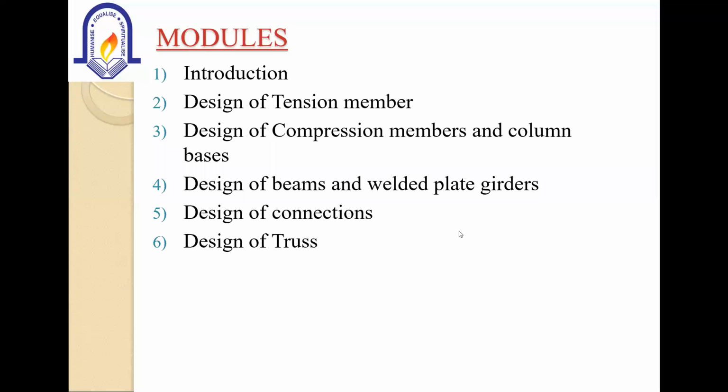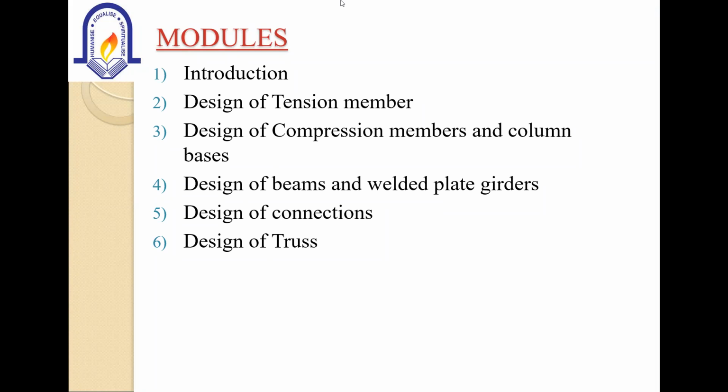You can download IS 800 2007 and take a printout of that, as well as you have to purchase the steel table also. For now, as it is online, you can just download, don't take a printout of your IS code, just download it and you can refer from your laptop itself. But you have to purchase the steel table.